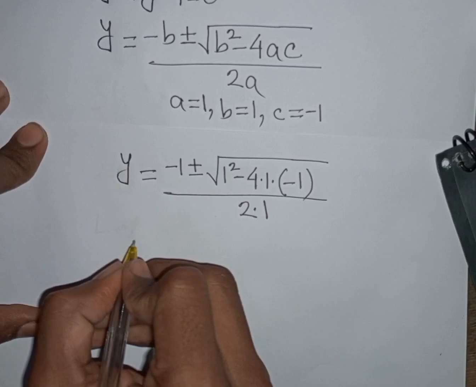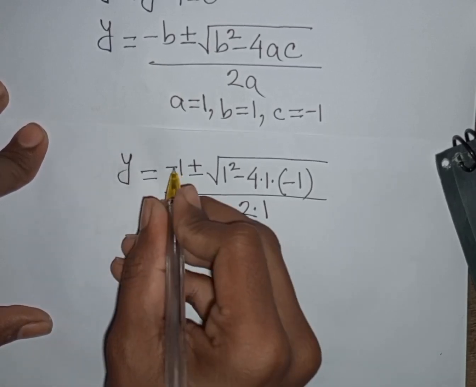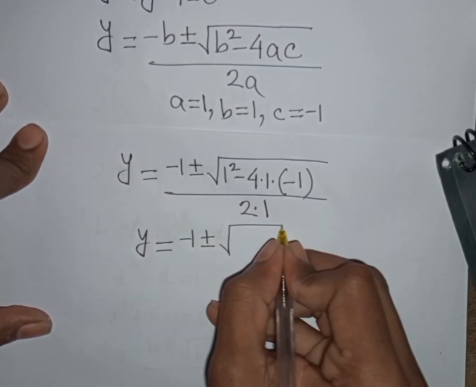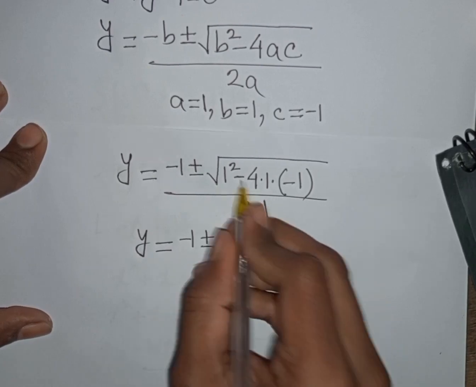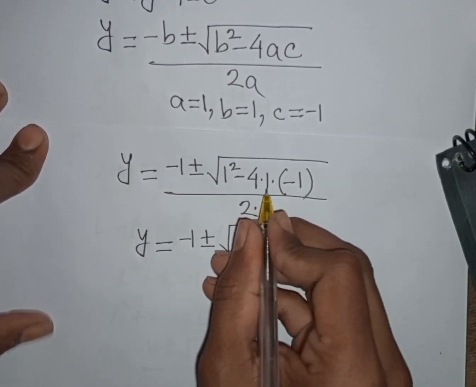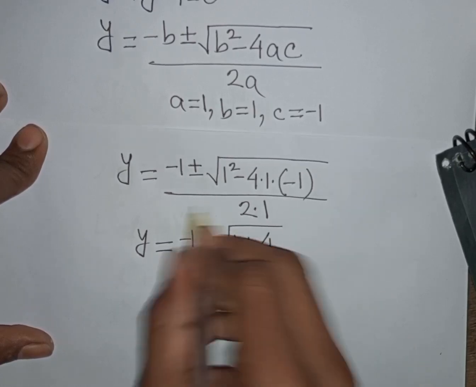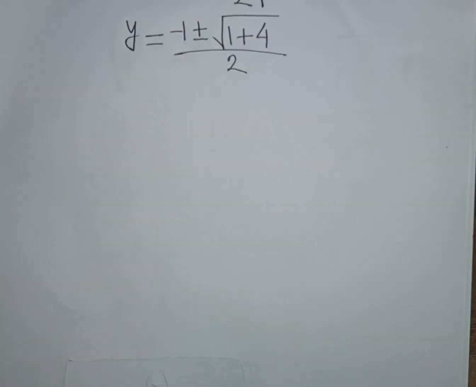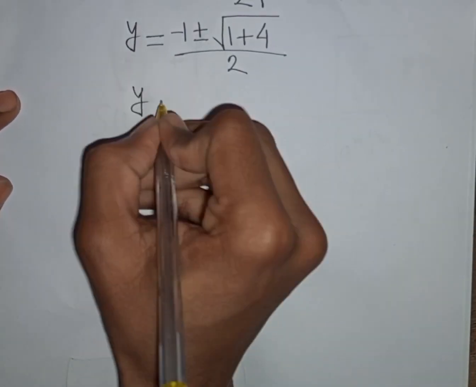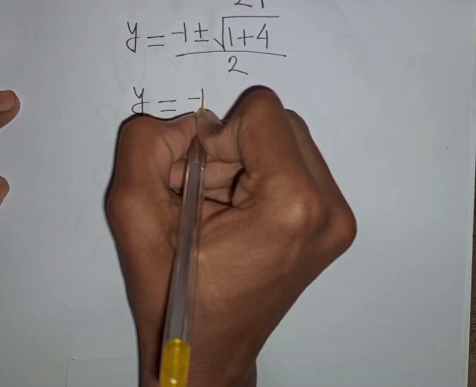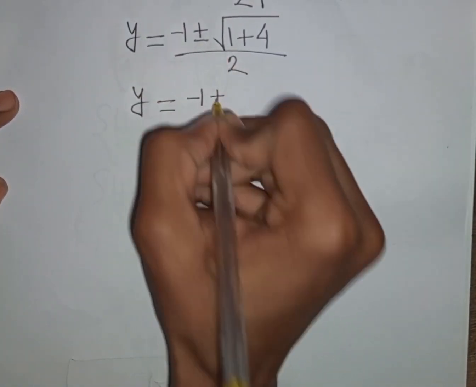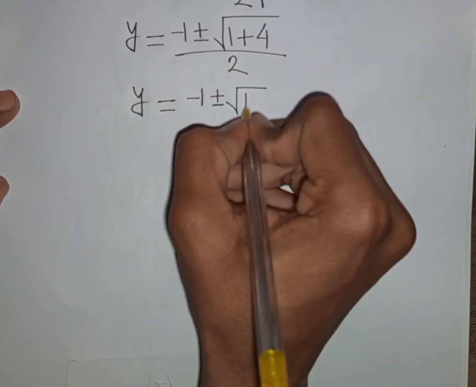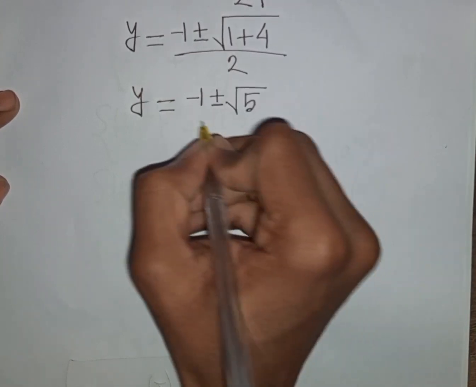Now y is equal to minus 1 plus or minus the square root of 1 squared, which is 1, then minus times minus is plus, 4 times 1 times 1 is 4, divided by 2. So y is equal to minus 1 plus or minus the square root of 1 plus 4, that means 5, divided by 2.